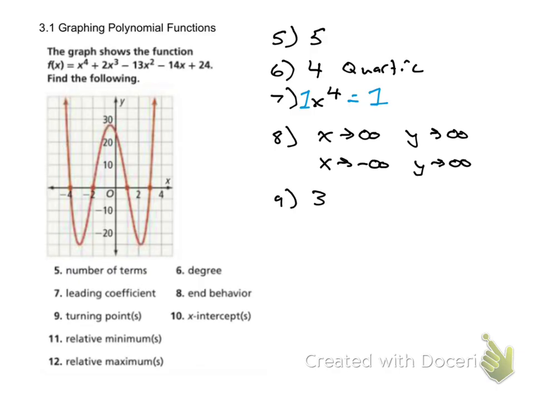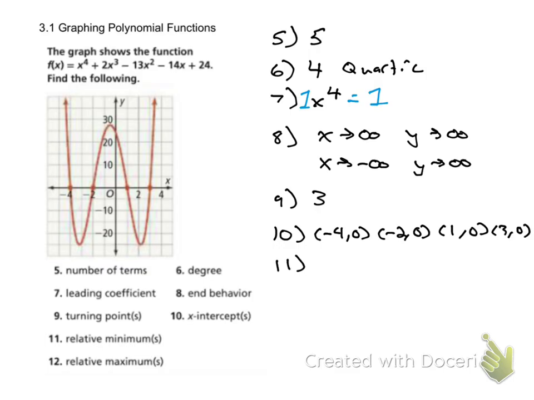We have 3 turning points. They are our maximum and minimums, and we'll give those points in a second. Our x-intercepts are at -4, -2, 1, and 3.